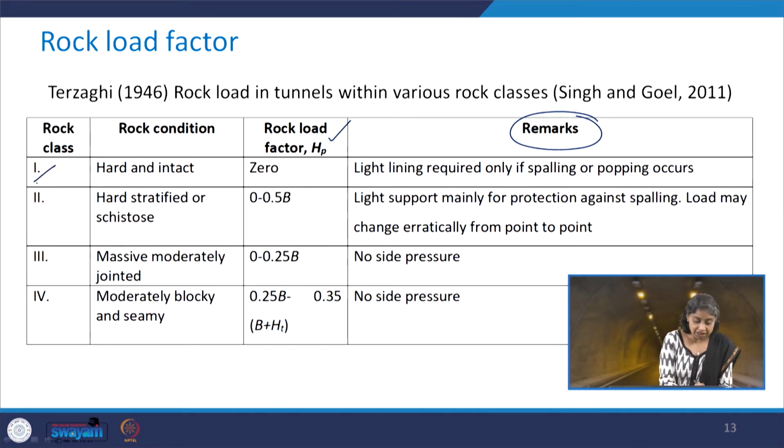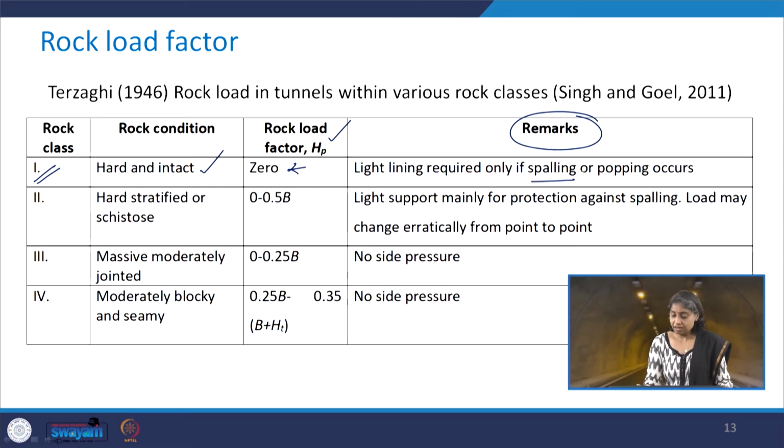If you have rock class 1, the rock condition is hard and intact, and in this case you will have 0 value of rock load factor, and that means there is no support pressure exerted on either the side wall or the roof. But if spalling or popping occurs, then light lining may be required.